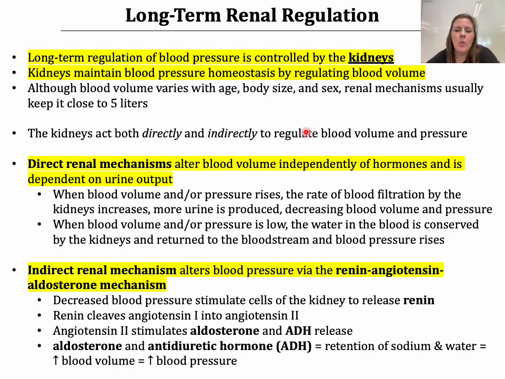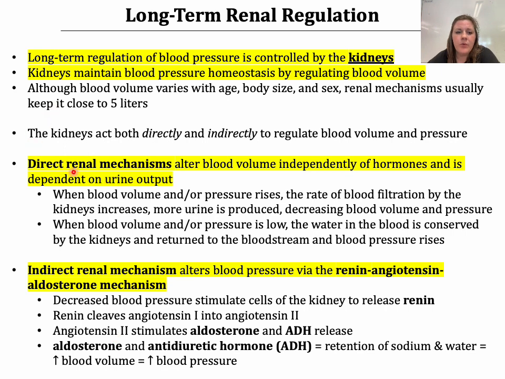One way that the kidneys will regulate that is in a direct manner by influencing urine output. And then the indirect renal mechanism involves our hormone cascade of renin, angiotensin, aldosterone.